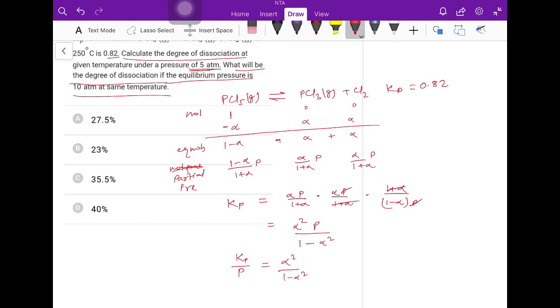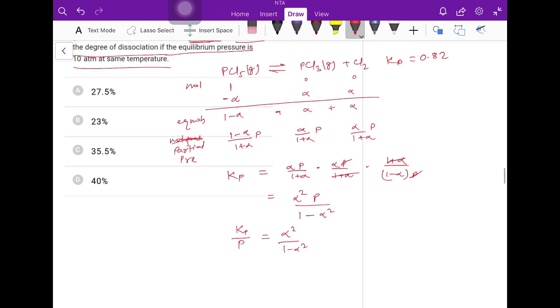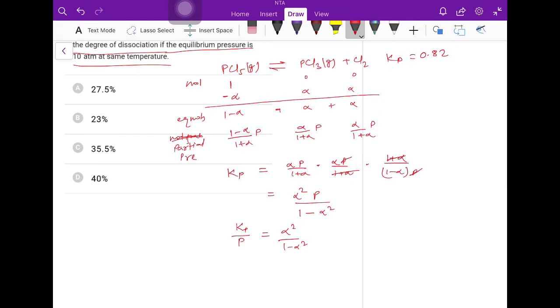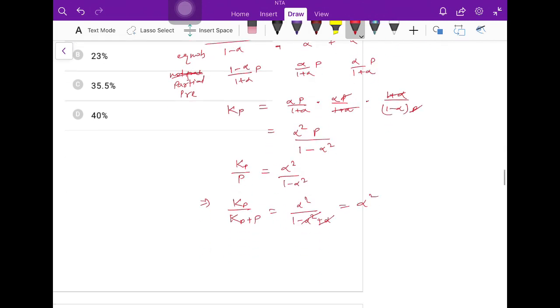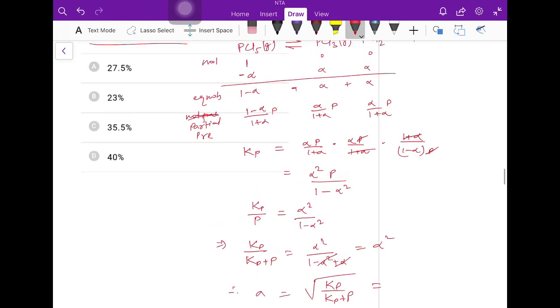Let's use componendo and dividendo here: Kp upon (Kp plus P) is equal to alpha square upon (1 minus alpha square plus alpha square). This is equal to alpha square, and therefore alpha is equal to under root Kp upon (Kp plus P).